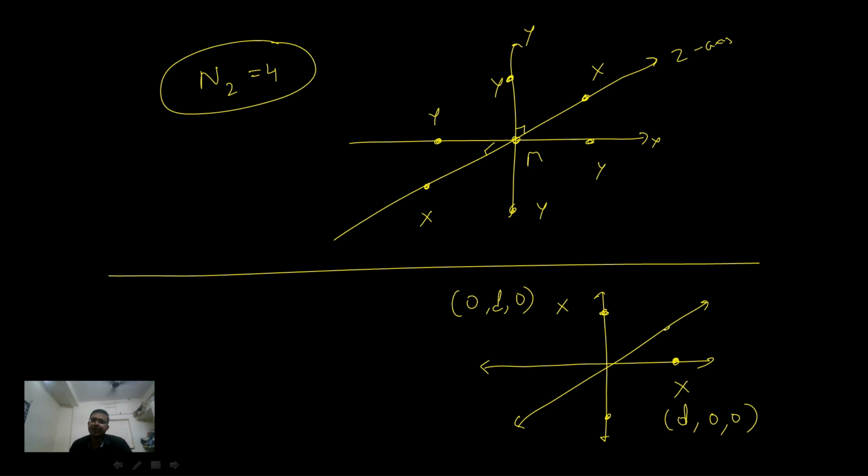Next, where is Y? Y is here, here, here, and here. Now this one we know is the Z axis.